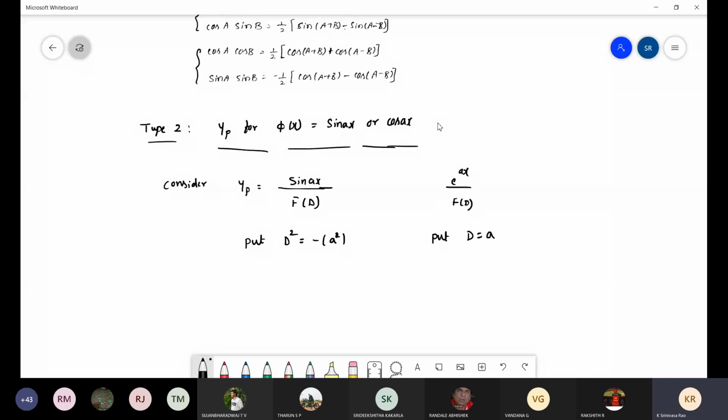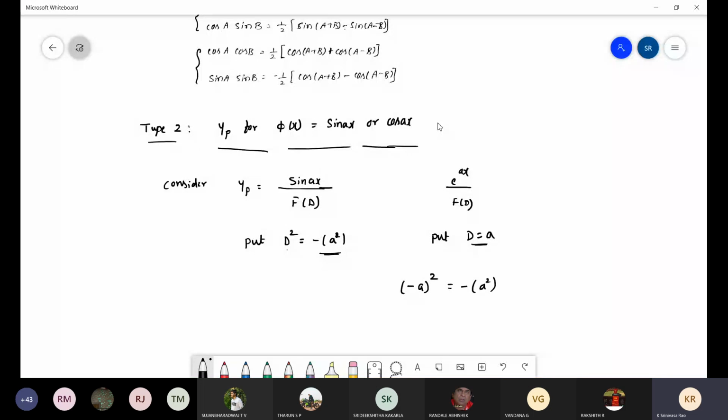But here you can observe the substitution is only for d square, and it is a square with negative sign. Is it positive or negative? Negative only. See, minus a whole square is different and minus of a square is different.